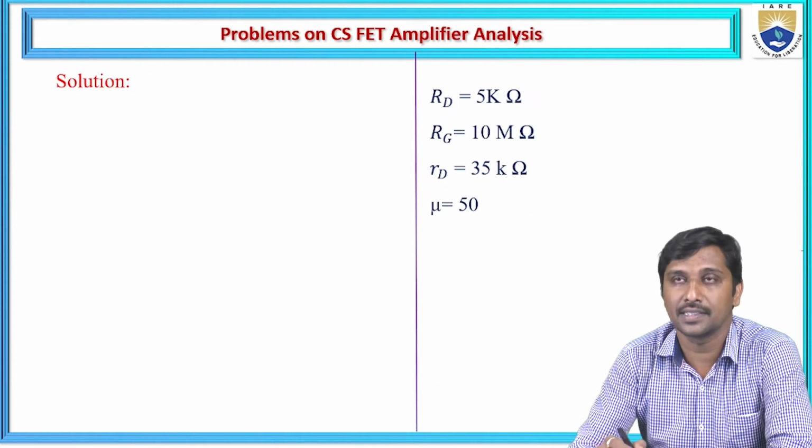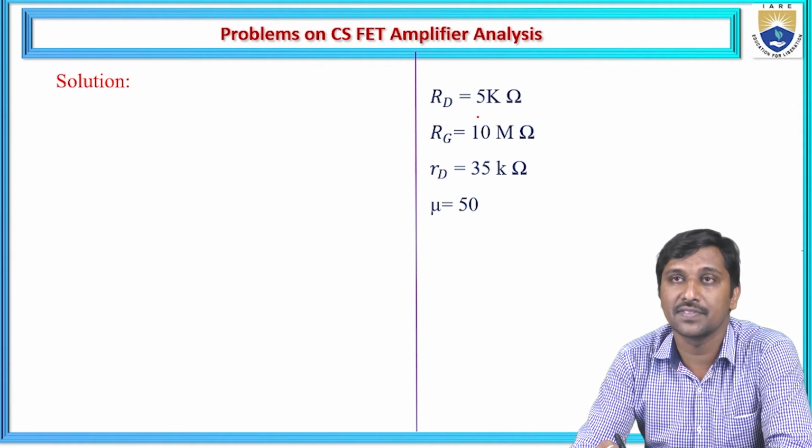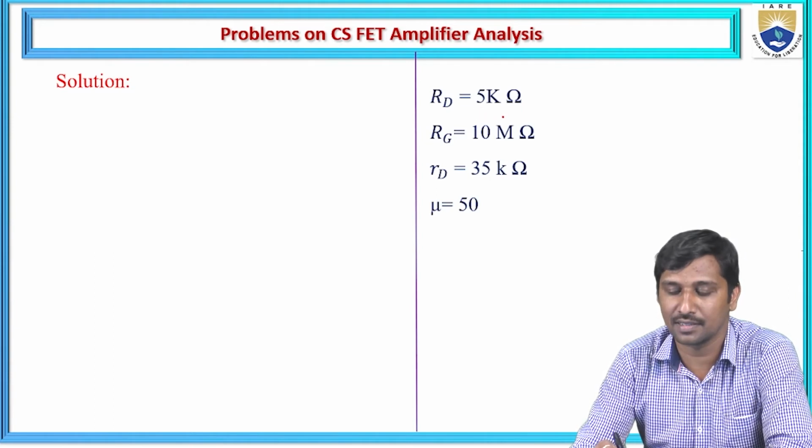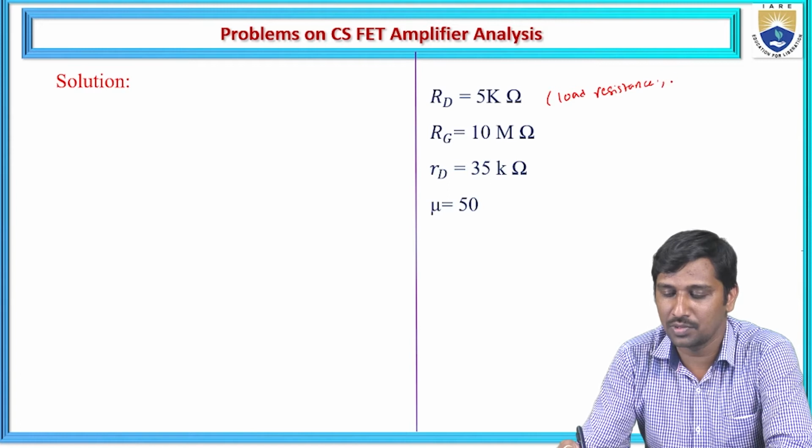Let us consider the given specifications. Capital RD is 5 kilo ohms, also called the load resistance or external drain resistance.